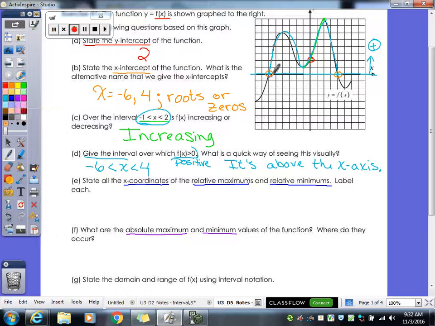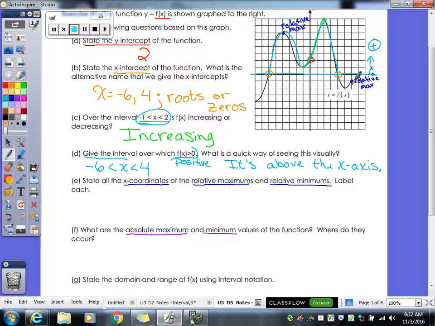So for example, our graph right here, this would be a relative maximum, because our graph comes up and goes back down, so it's a high point, but it's not the highest point that we have in our graph. Same thing over here. This is another relative max, because again, it's a high point, but it's not the highest point.